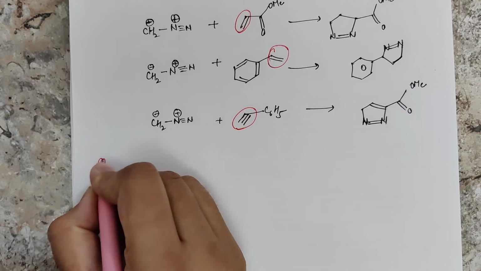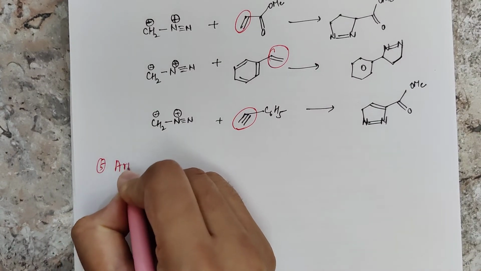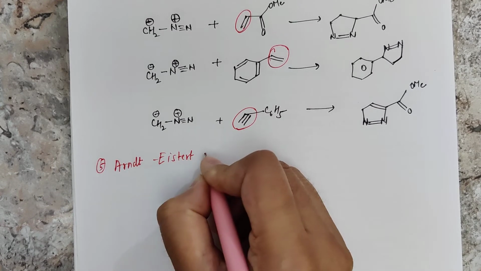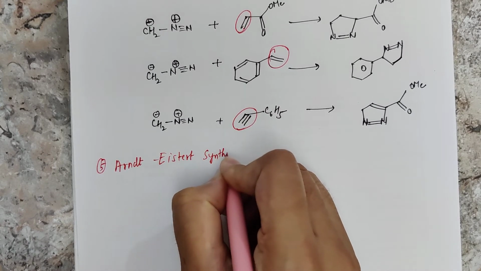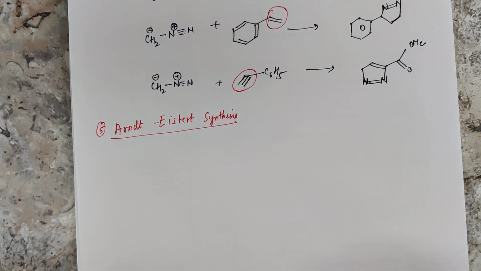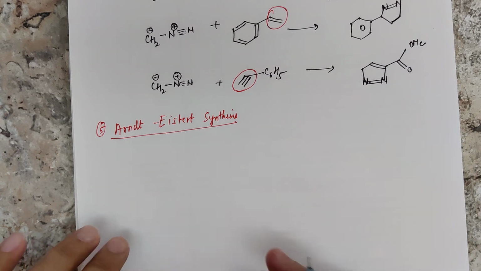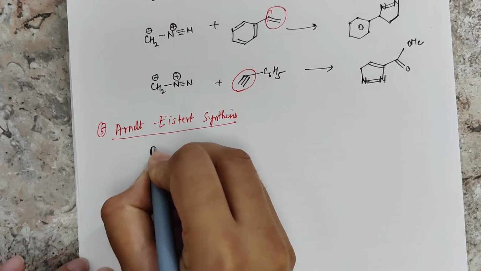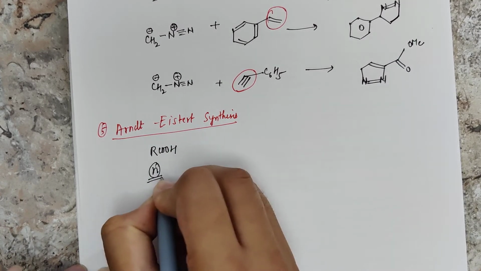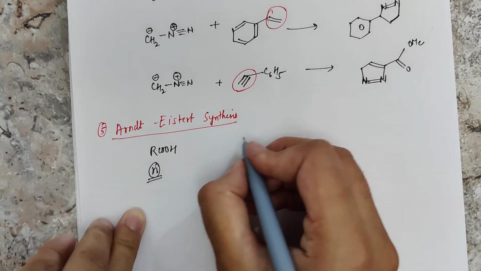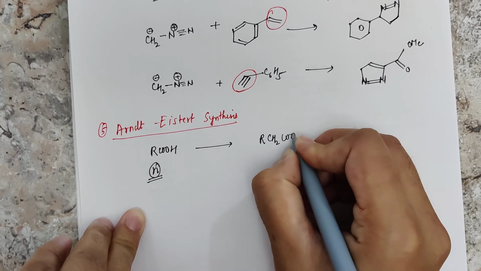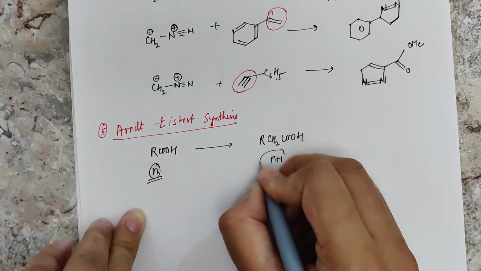Now comes a very important reaction, named reaction है synthesis. In this reaction, if we are taking n number of carbon atom in our starting material, in our end product we can obtain one more, n+1 number of carbon atom.